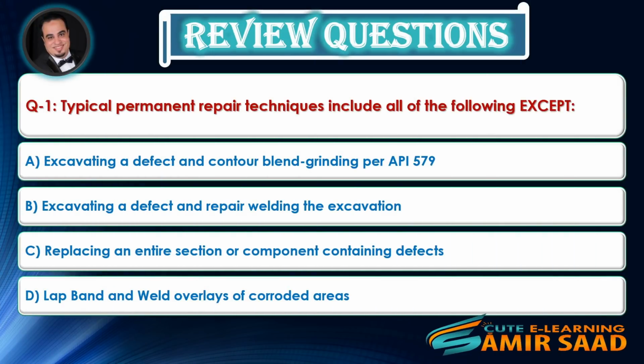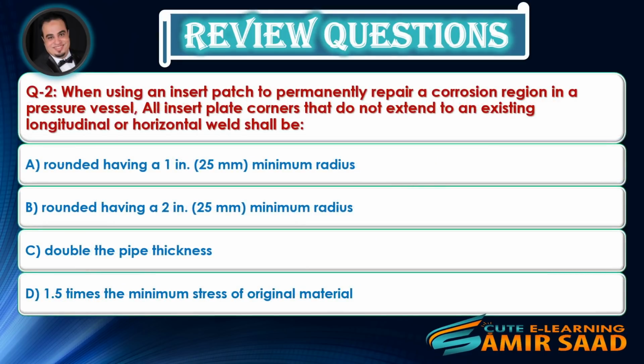Review questions. Question number 1. Typical permanent repair techniques include all of the following except. Answer is D. Question number 2. When using an insert patch to permanently repair a corrosion region in a pressure vessel, all insert plate corners that do not extend to an existing longitudinal or horizontal weld shall be.